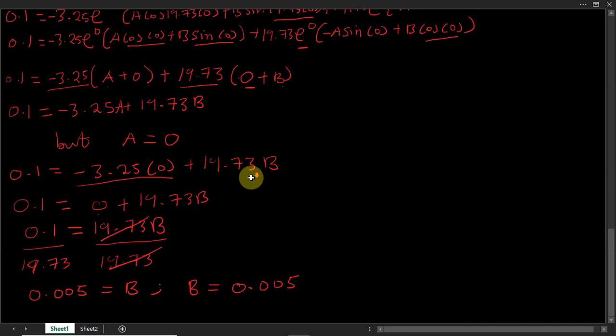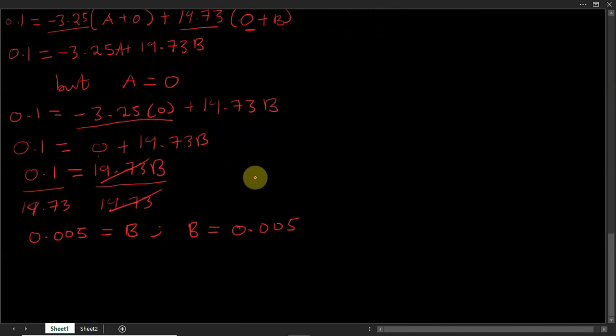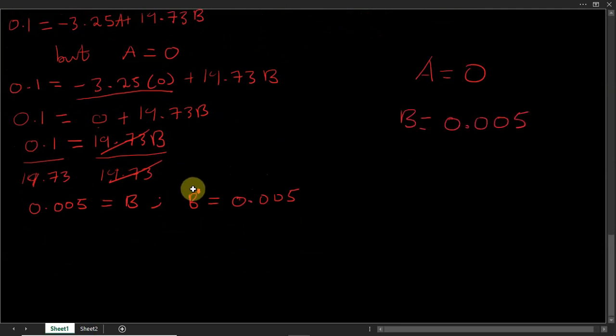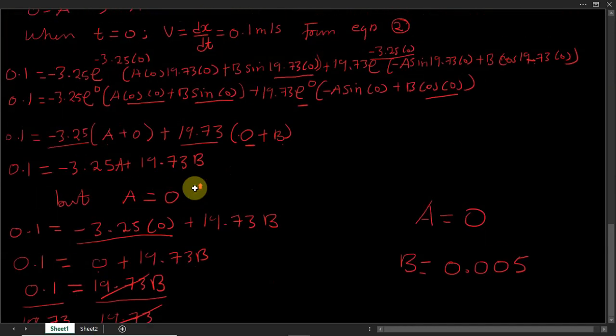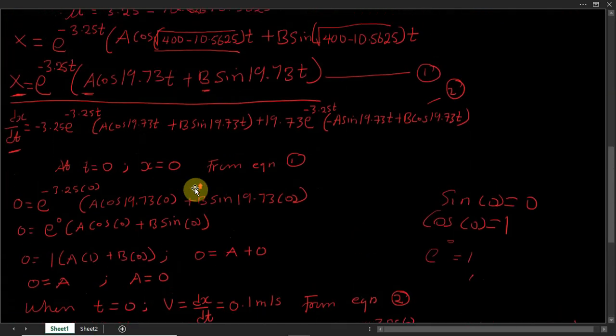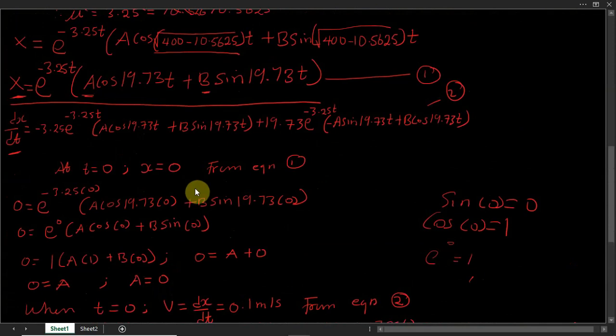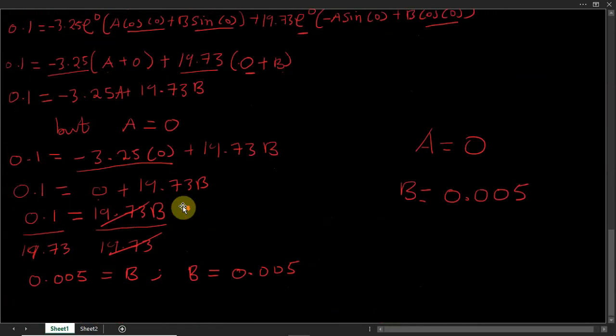Alright, now that we have been able to evaluate A and B, we have our A being 0 and our B to be 0.005. If that is the case, we have our A and B, then the solution, which of course we know to be this, we'll substitute the constants A and B into the equation to finalize our solution.